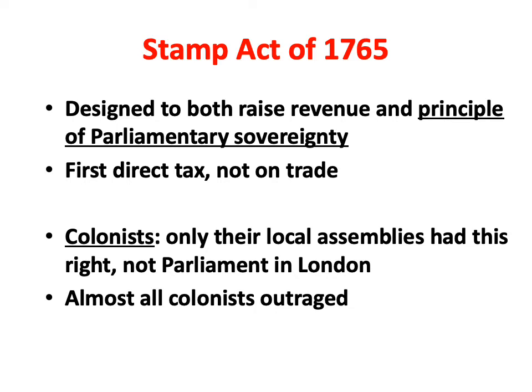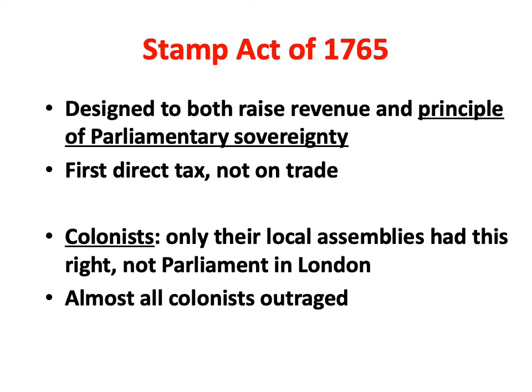This was a tax imposed on the purchase of any paper products, and the tax was paid to the British government, which had an official in the colonies put a stamp on each piece of paper. And it wasn't a stamp that glued to the paper like our modern postage stamps, but rather it was a stamp, like a rubber stamp.